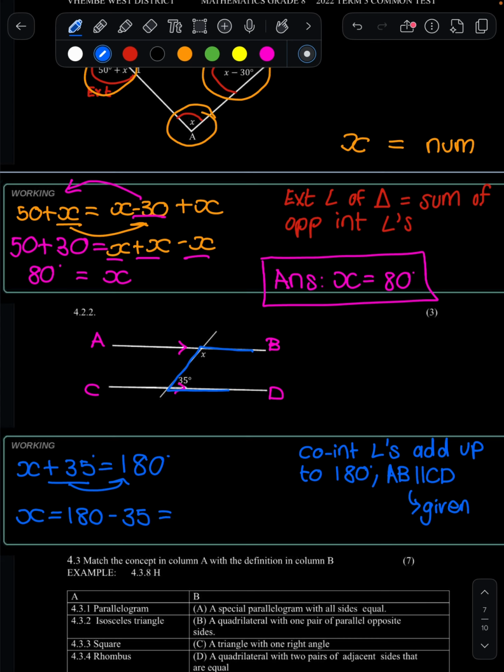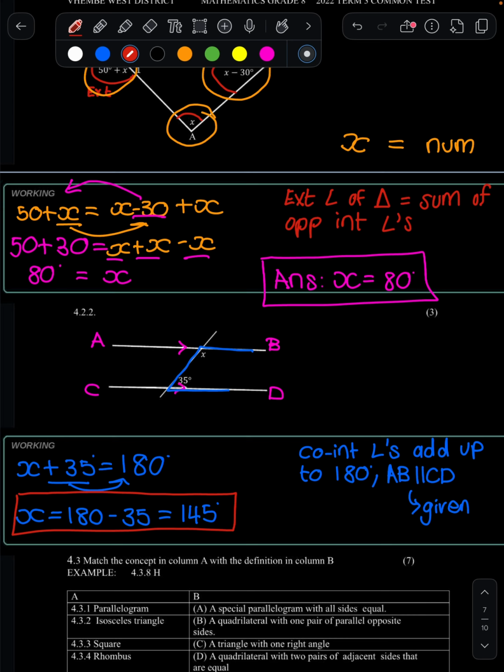So 180 minus 30 is 150. Take away another 5, we're going to be 145 degrees. So that is my final answer there. x is 145 degrees. Like I said, there's a few ways you could have done it. So if you did it in a different method, you had a different reason, that's no problem as long as you get the same answer for x.